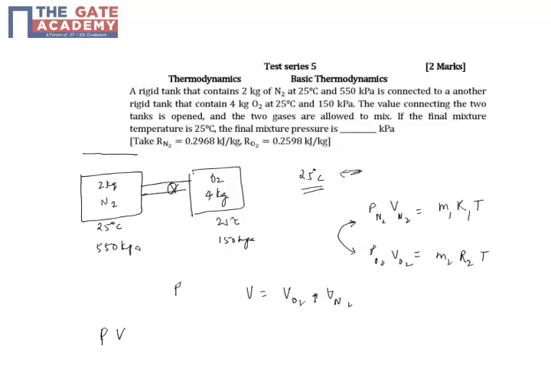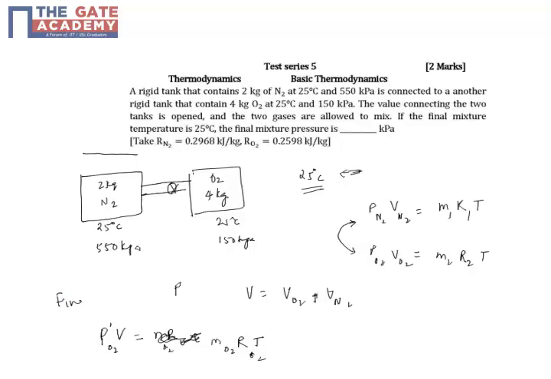So the final pressure of O2 times V, we apply the ideal gas equation for O2: the partial pressure of O2 times the total volume equals nRT, the number of moles times the universal gas constant times T. We can use mass also, there's no hard and fast rule. So the mass of O2 remains the same, times R of O2 times T. This is in the final state.